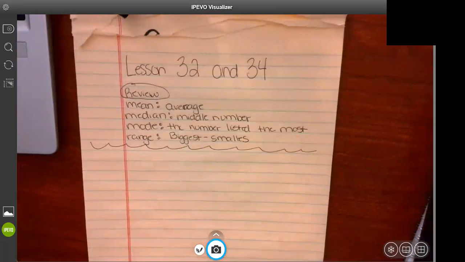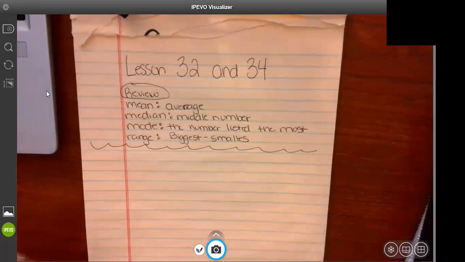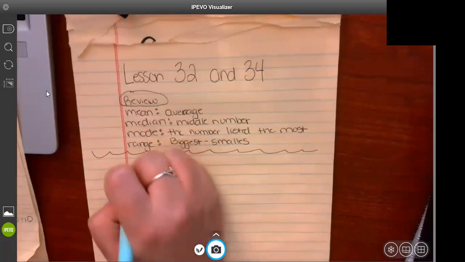So the new ones for today are going to be mean absolute deviation, and quartiles and interquartile range. So we're going to start with mean absolute deviation.